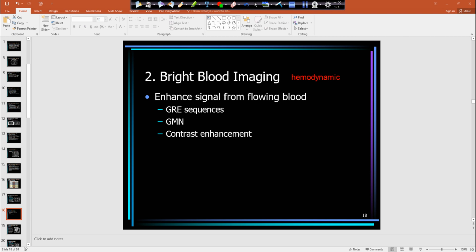We use really fast pulse sequences that don't have a 180-degree refocusing pulse. We use gradient moment nulling to correct for intravoxel dephasing. And sometimes we just inject contrast to further increase our signal from that vessel.